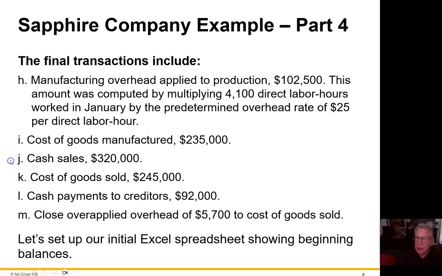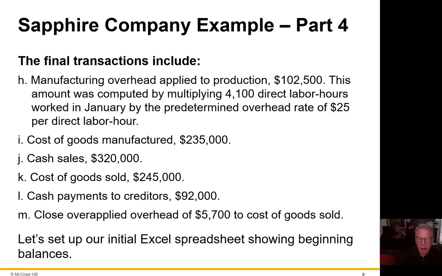For Juliet, cash sales were $320,000. Kilo, cost of goods sold was $245,000. Lima, cash payments to creditors was $92,000. Mike, we closed overapplied overhead of $5,700 to cost of goods sold.